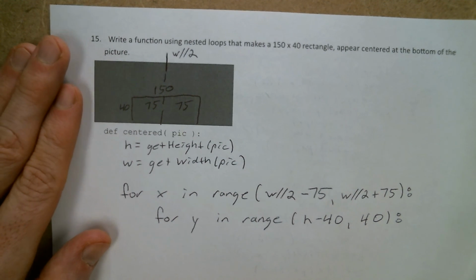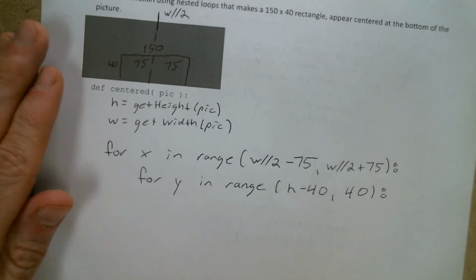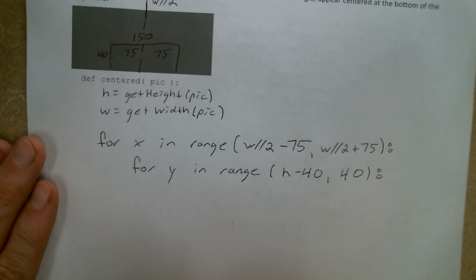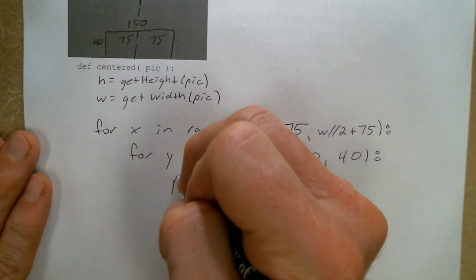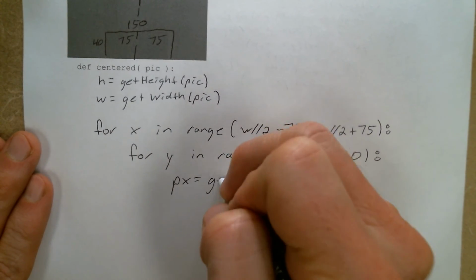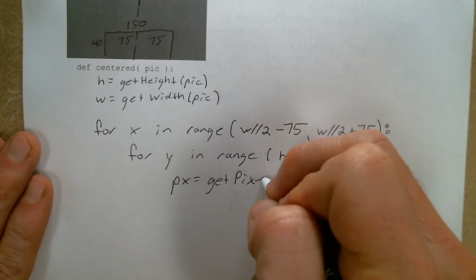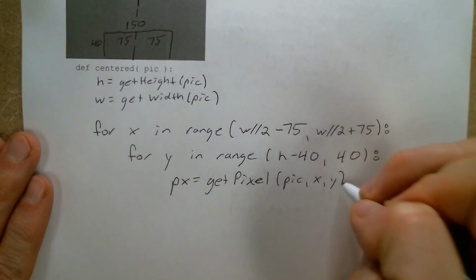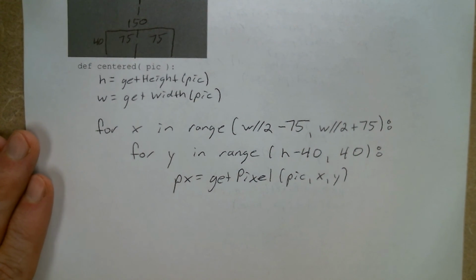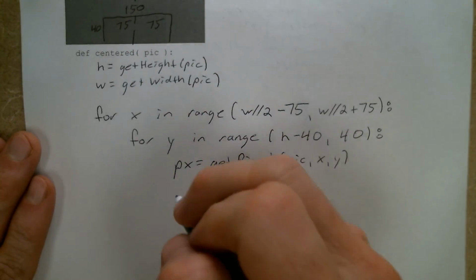Okay. Now again, these are just coordinates, so we have to get the actual pixel. So px equals get pixel of pic comma x comma y. So now we've retrieved the actual pixel, and then we're just setting the color.